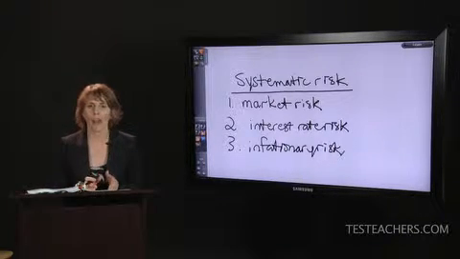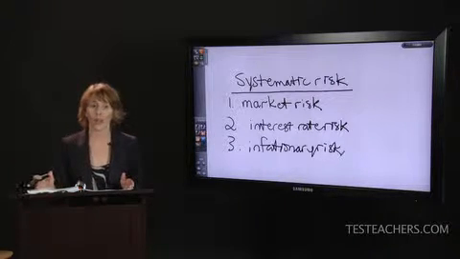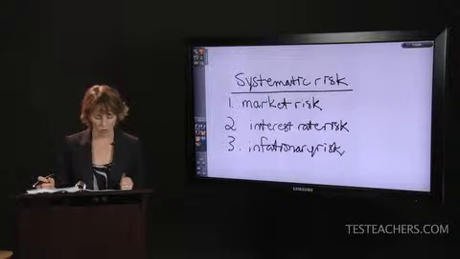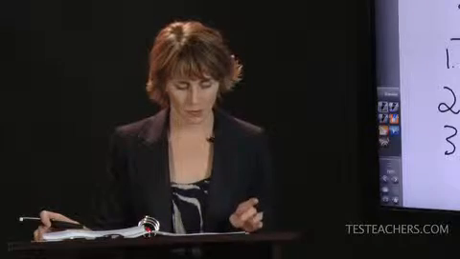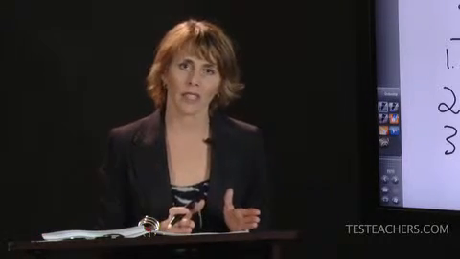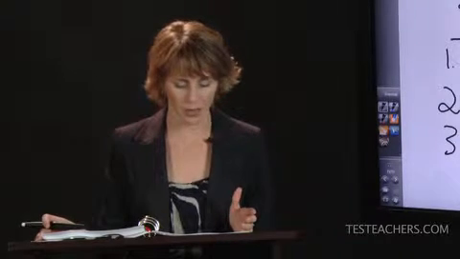It's systematic. It's in the system. There's not one person walking around that can get away from the fact that there's this general rise in prices over time. So I would expect a couple of questions on systematic risk, a couple of questions on unsystematic risk. The test does like these concepts.